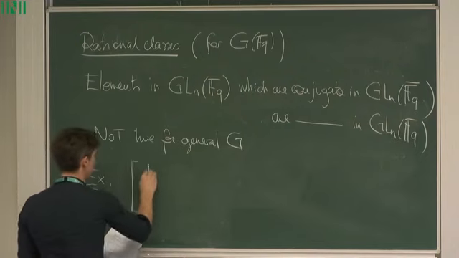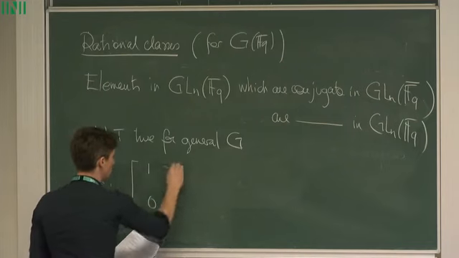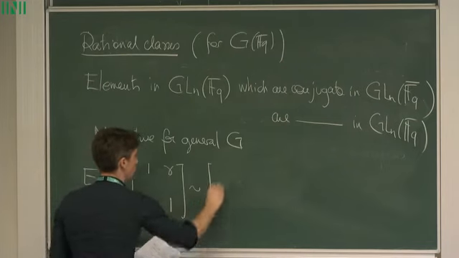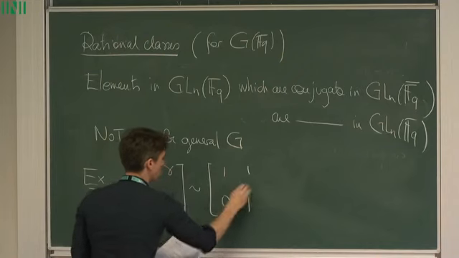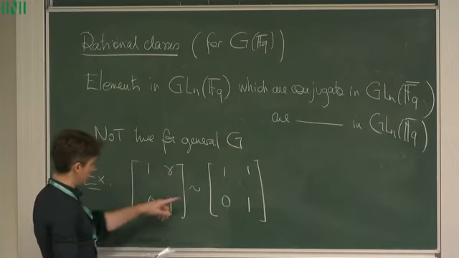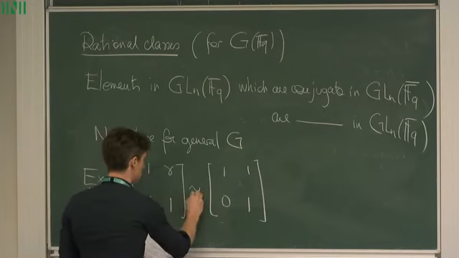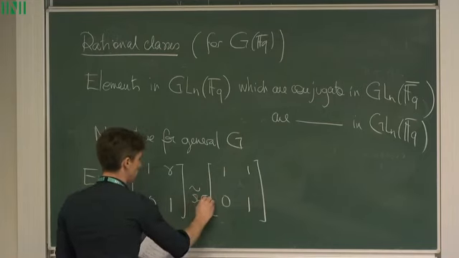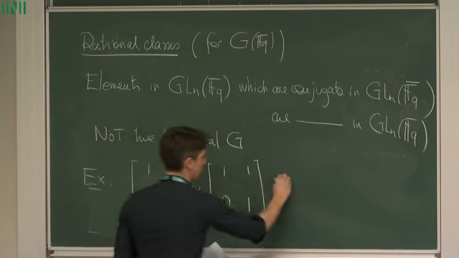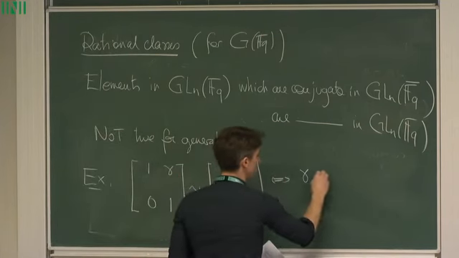If I look at the matrix (1, 0; gamma, 1) and the Jordan block (1, 1; 0, 1), these two are conjugate in SL2 of FQ if and only if gamma is a square in FQ.